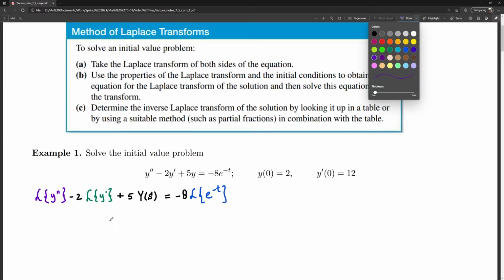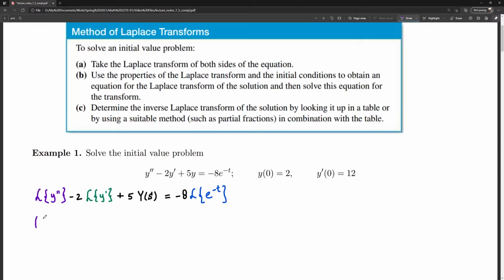So now we look up in the properties the Laplace transform of y double prime, and this is equal to s squared times the Laplace transform of y minus s times y at 0, and then minus y prime at 0.